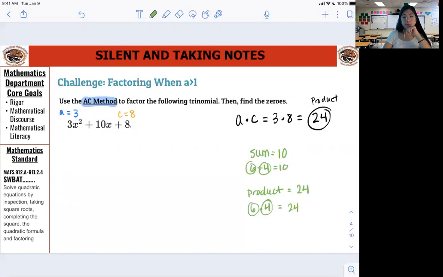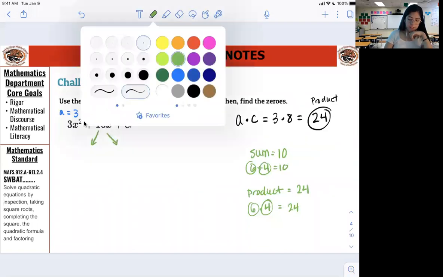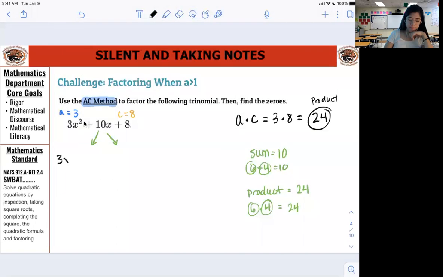Split the 10 up. Split up my 10, exactly. 10x becomes, now does it matter the order? No. It doesn't. So I can write it in any order, but I'm gonna write it the same order we have it here. So 6x and 4x, and then my 8.